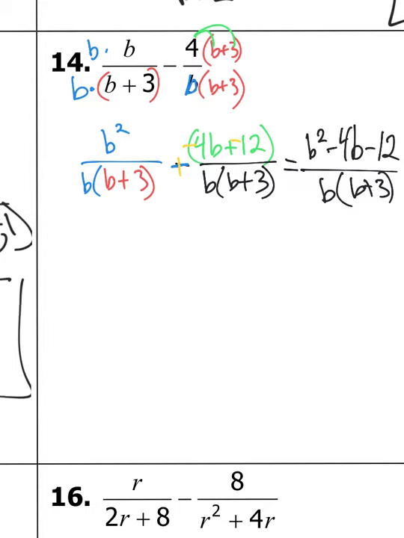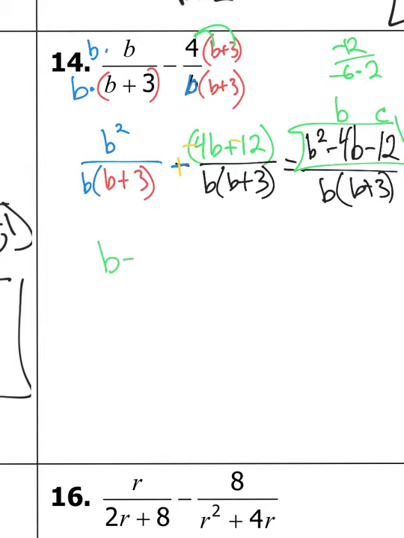Again, on the denominators, I don't FOIL, I don't distribute until the end because sometimes some nice stuff happens. Like for this one, I see a trinomial with an a of 1, so let's figure out the factors of c that add up to b, right? My factors of negative 12 that add up to negative 4 would be negative 6 and positive 2.